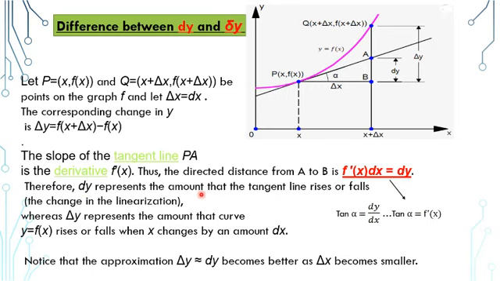Therefore, dy represents the amount that the tangent line rises or falls, and Δy represents the amount that the curve y = f(x) rises or falls when x changes by the amount dx.